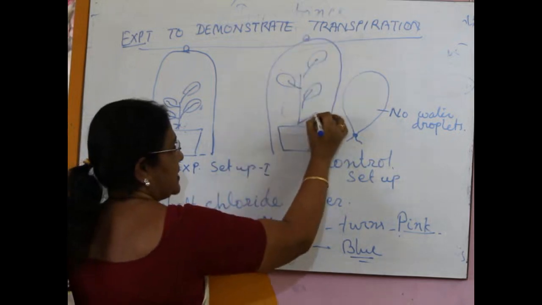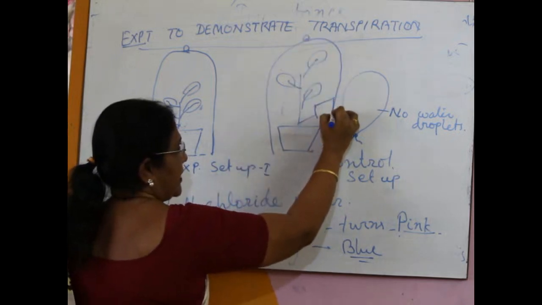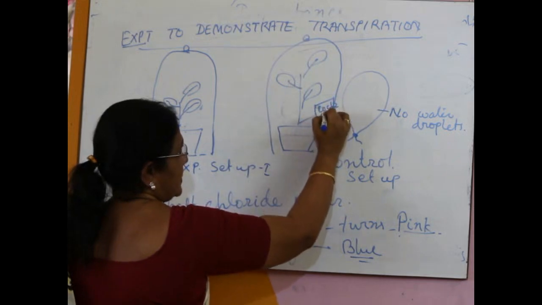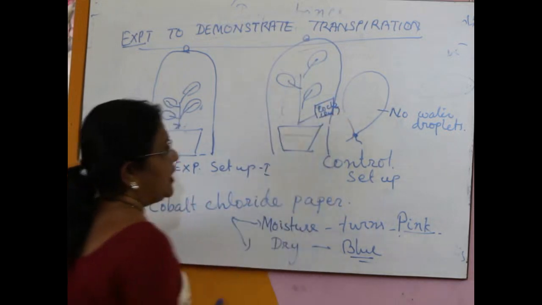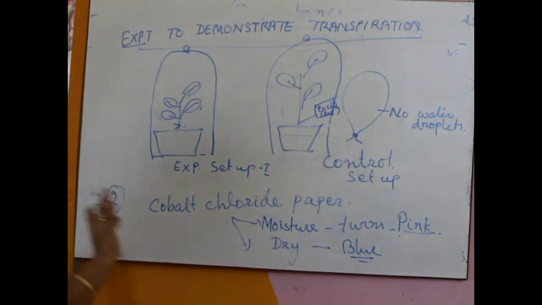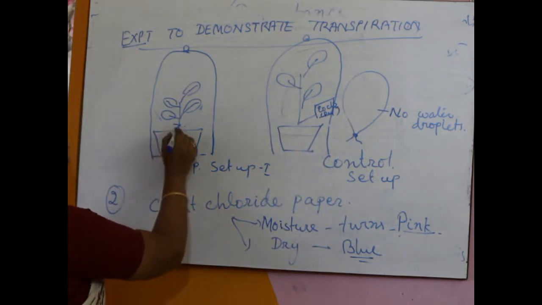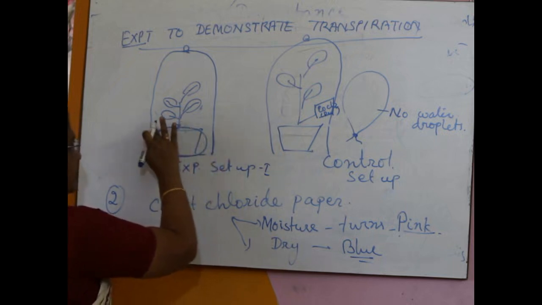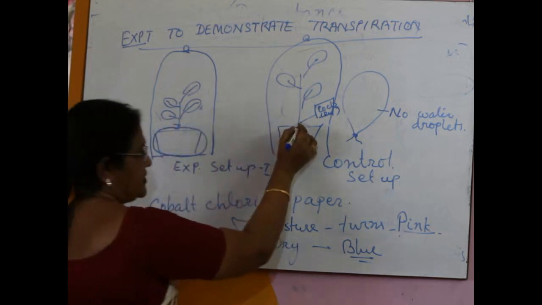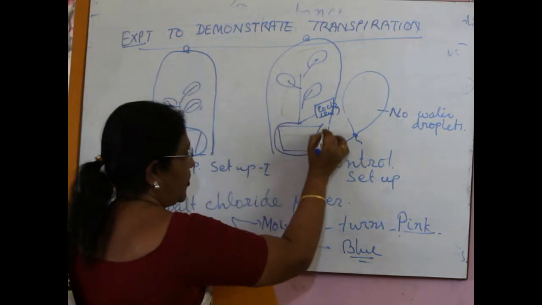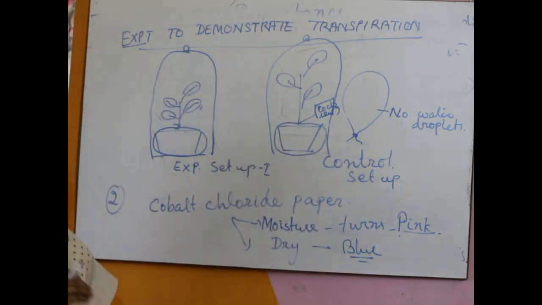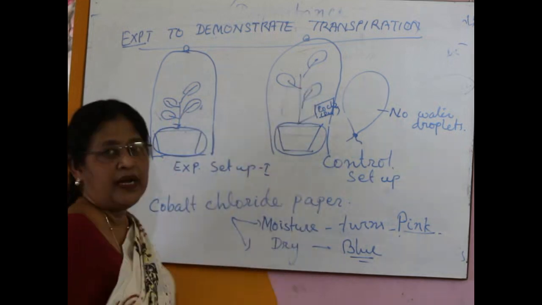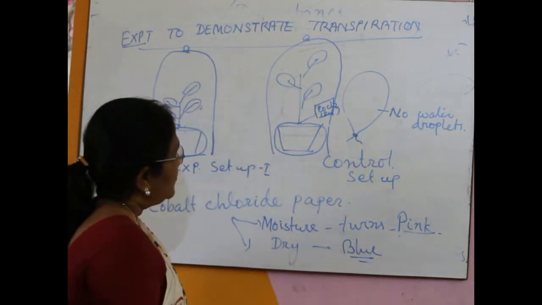But here you put a dry cobalt chloride paper, anhydrous or dry cobalt chloride paper. But one precaution you must take is that this pot should be covered with a polythene bag. That is, the pot or the soil surface must be covered so that water from the soil surface will not enter into the bell jar.